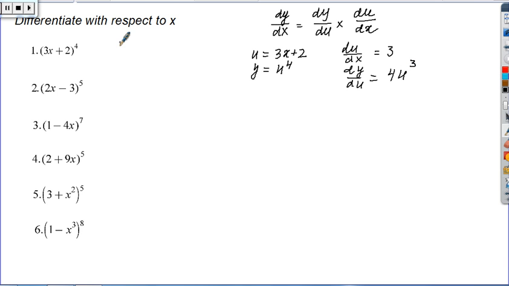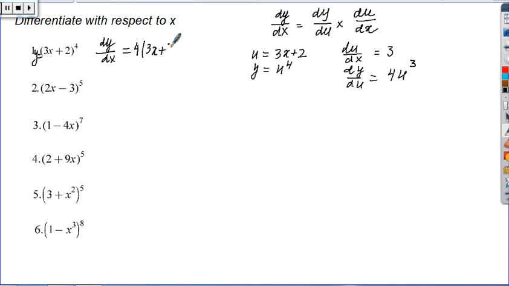In this question, please don't write 3x plus 2 equals and then a derivative, because what we actually mean is dy by dx, and here is our y. So dy by dx is going to be dy by du, which is 4u^3, where u is 3x plus 2.